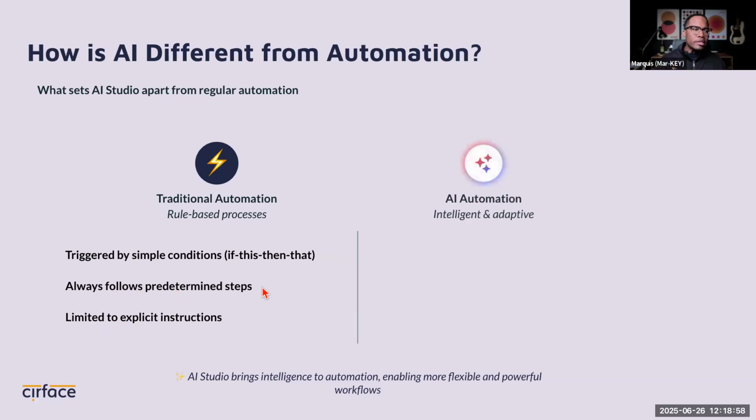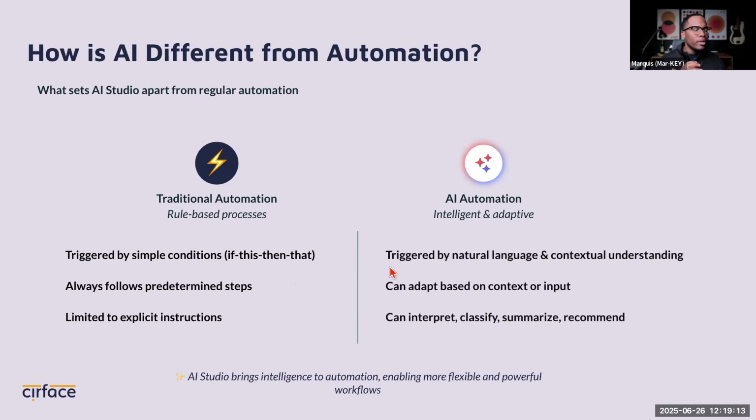What the evolution of this looks like, though, is having an AI teammate or an agent. We're hearing a lot of that language around agents on the platforms these days. What this allows us to do is be triggered by natural language. So we're talking to this thing, giving it instructions, providing it context through information.